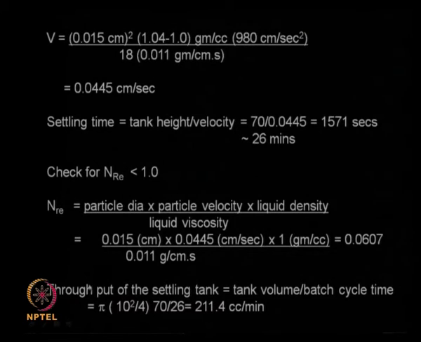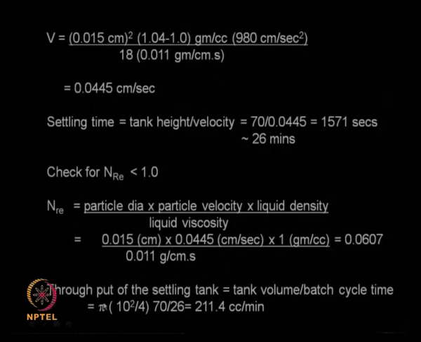Now, what is the throughput in the settling tank? How do you calculate throughput? Throughput is the tank volume divided by the batch cycle time. Here the batch cycle time we will assume it as the settling time, 26 minutes, and the tank volume is nothing but pi d square by 4, where d is the diameter of the tank, times the height of the tank.